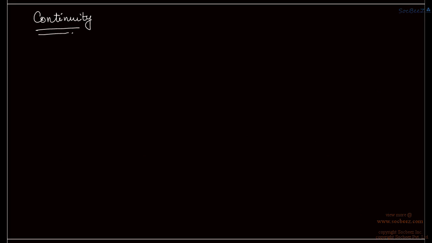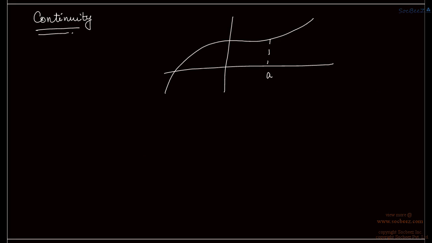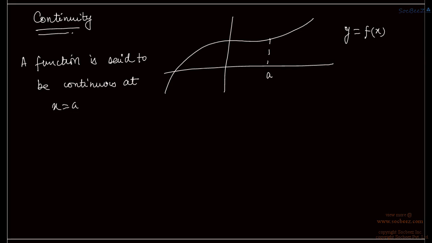How continuity is defined. Suppose a function y = f(x) is said to be continuous at point a. This is a function y = f(x). A function is said to be continuous at point a when its limit exists at point a, right? So a function is said to be continuous at x = a if limit x tends to a of f(x) exists.